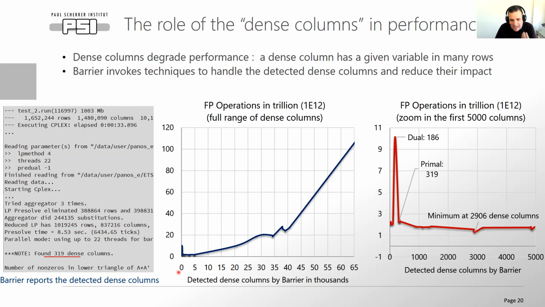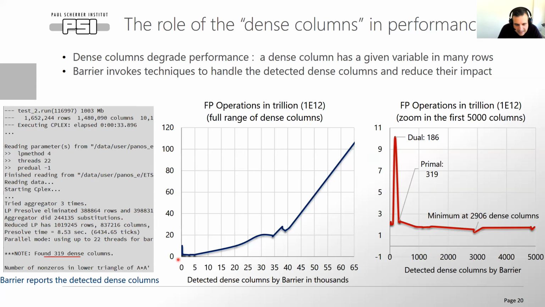The barrier has a mechanism to detect dense columns. When a column is detected as dense, the barrier takes special care so that the performance impact of this dense column is mitigated. So it's good to help barrier a little bit to detect a number of dense columns which seems to have the least impact on the solution time.